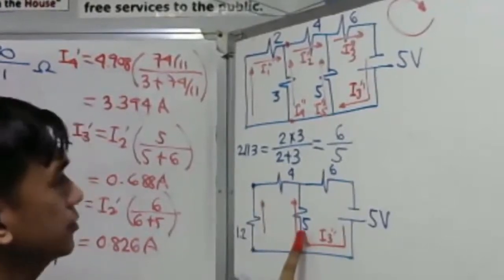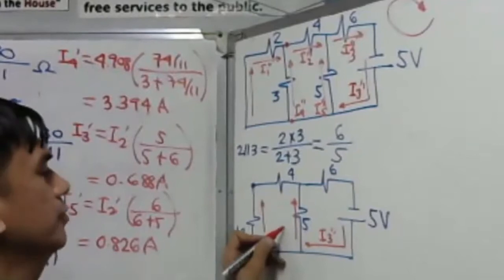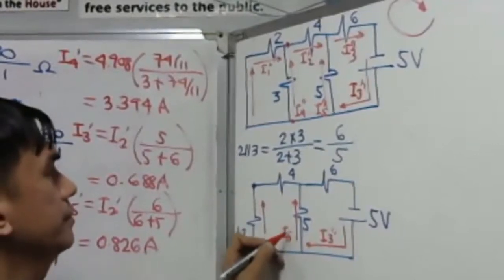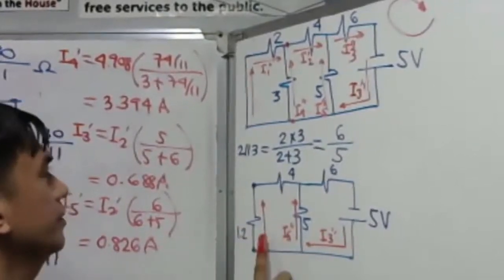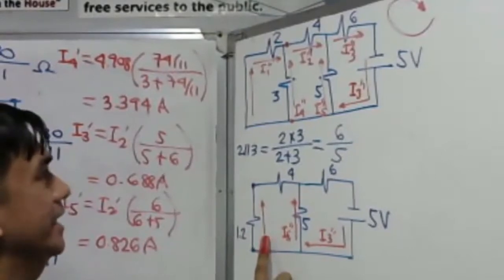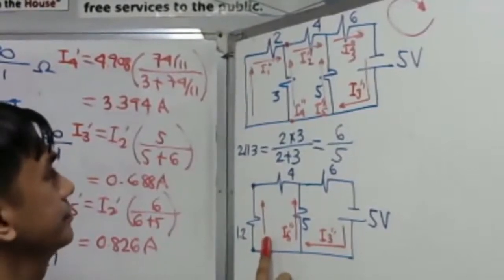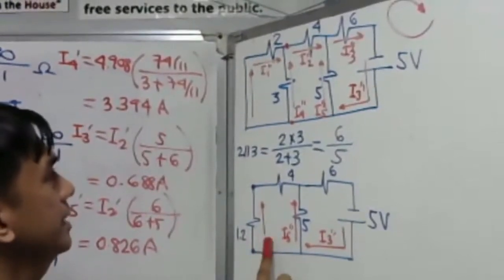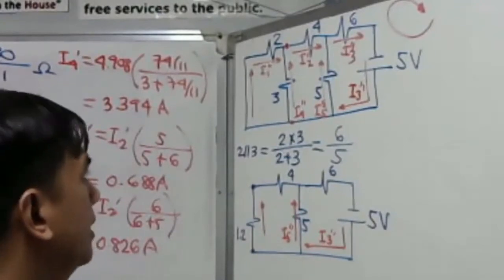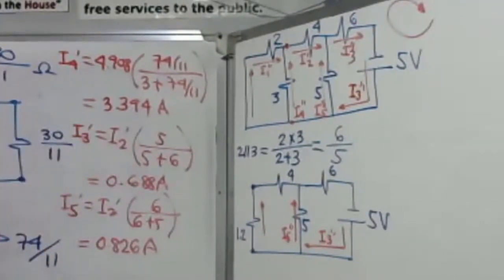The current flowing through our 5 ohm resistor is I5 double prime. What about this current? By the way, look, what is the current flowing here?